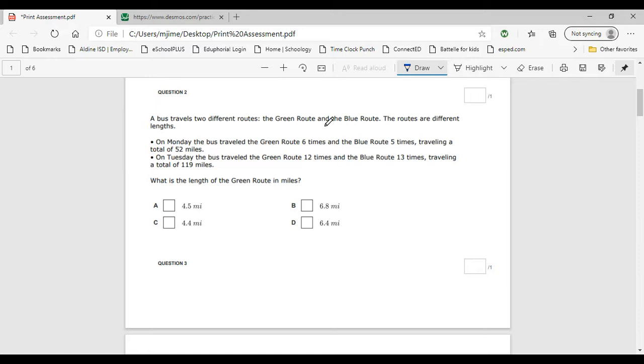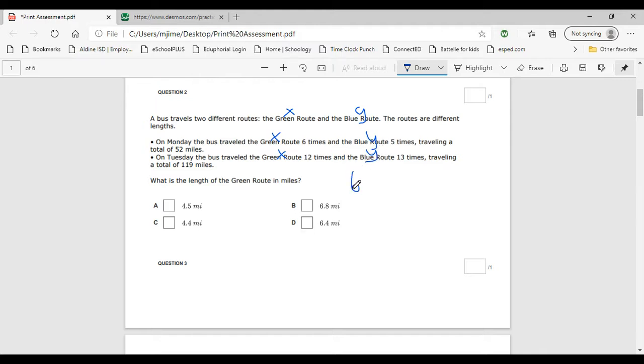So what I usually want to start off is I need to figure out what they're talking about. I always told you that in the first sentence, they always tell you the 2 things they're discussing. And you want to label the first one X and the second one Y. So everywhere we see green route, we're going to put X, and everywhere we see the blue route, we're going to put Y. And then the numbers are going to be what's in front of it, the coefficient.